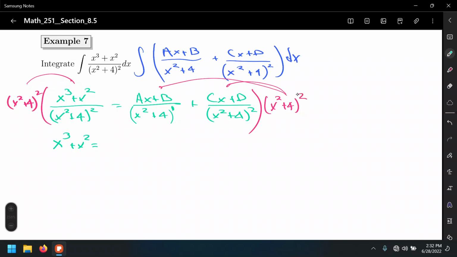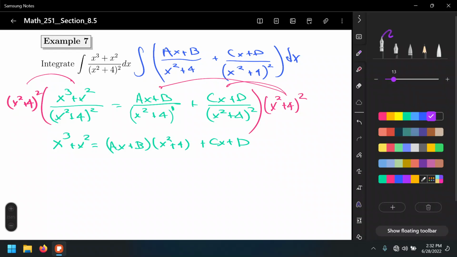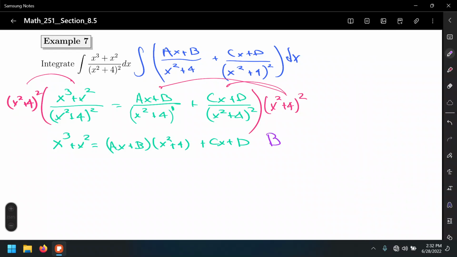One power of x squared plus 4 remains that multiplies with the ax plus b. And distributing over the second term, both powers of x squared plus 4 get cancelled, leaving us with cx plus d. And this is our basic equation. The equation that we will use to find a, b, c, and d.